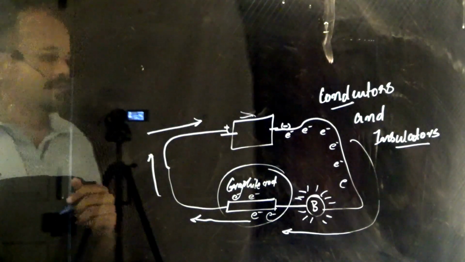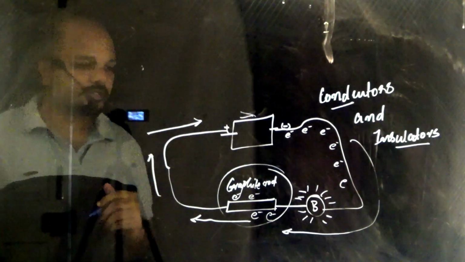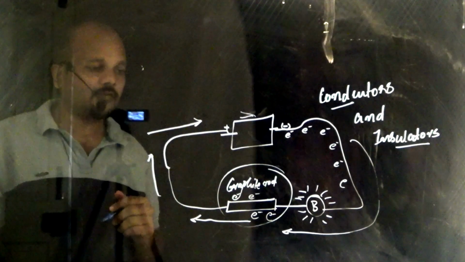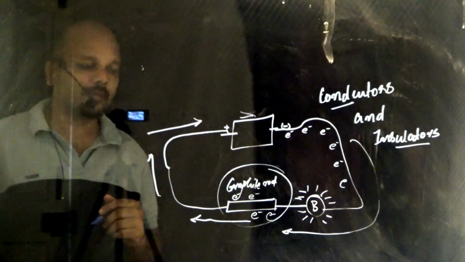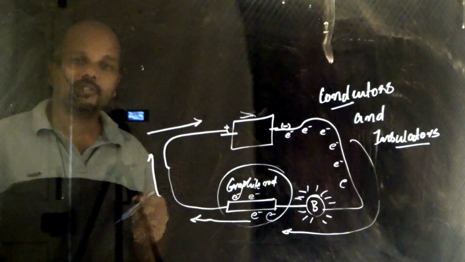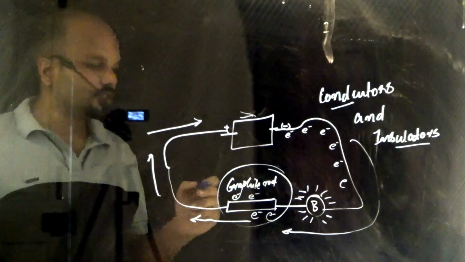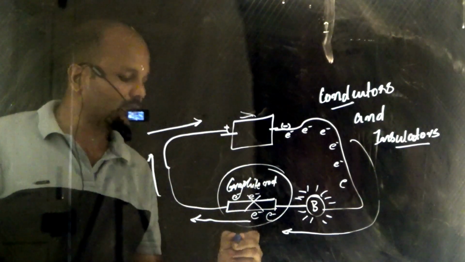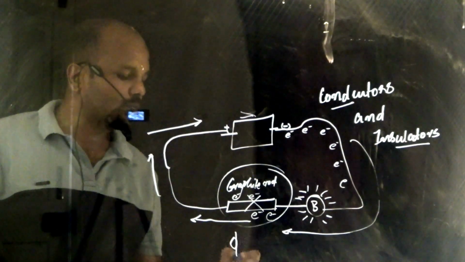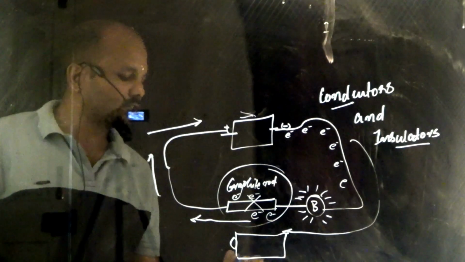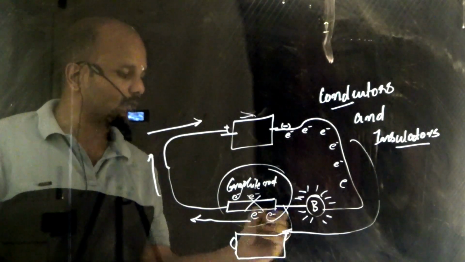On the other hand, if instead of the graphite rod you keep some plastic bottle, let it be. You just remove the graphite rod, and instead you keep a plastic bottle and connect it here.